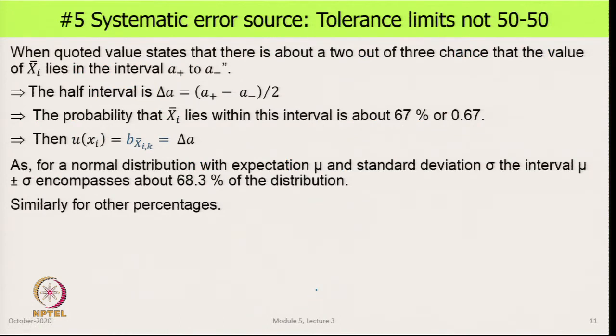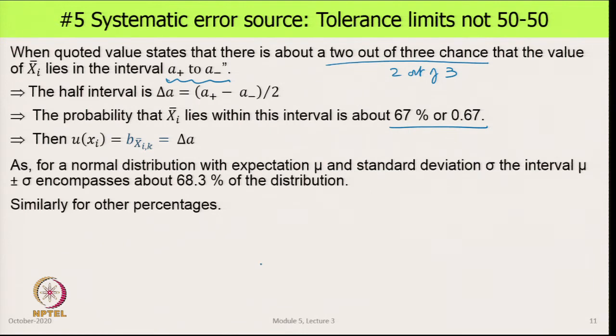This is our fifth case, which says that, for example, instead of 50-50, there is a 2 out of 3 chance that the value of x_i lies in this given interval. We could have any other number. From the normal distribution, we will get that factor. In this case, the probability that x_i lies within this interval is 67%, 2 out of 3.